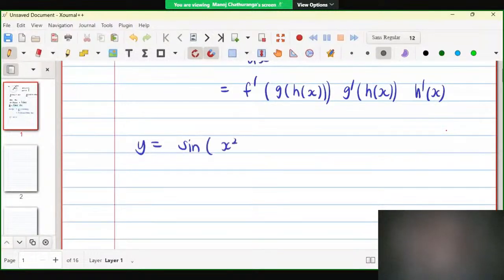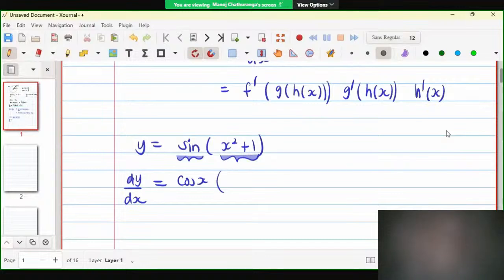Take sine of x squared plus 1. The first thing is to identify the outer and inner functions. The outer function is sine, and the inner function is x squared plus 1. First we differentiate the outer function sine. The derivative of sine x is cosine x.